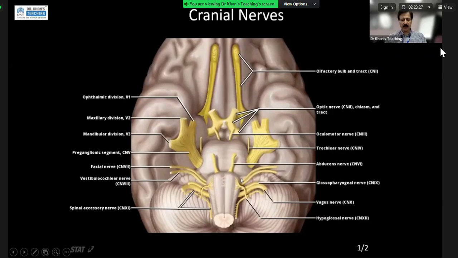Correction, I missed the seventh and eighth nerve. This is the facial nerve and this is the vestibulocochlear. Both arise from the pons, and they will go into the IAM. And then 9, 10, 11, and 12 from the medulla. 9, 10, 11 will go out through the jugular foramen, 12 through the hypoglossal canal.